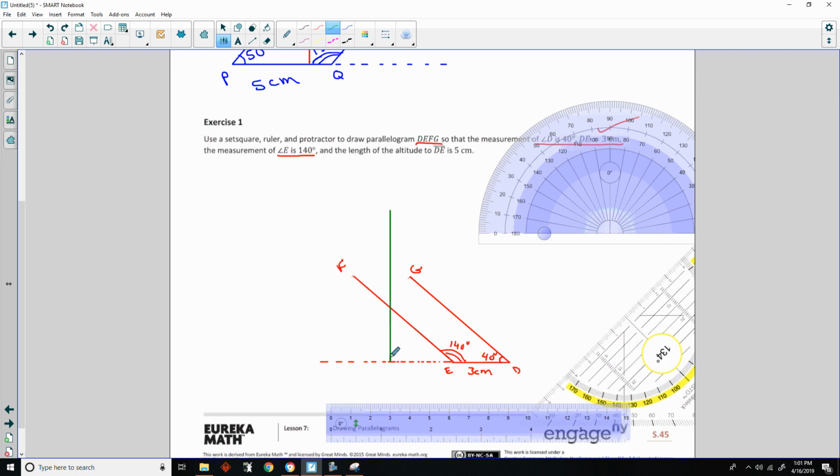So there's my vertical line or perpendicular line to the extension of DE, my base.